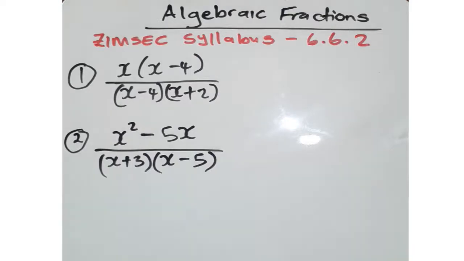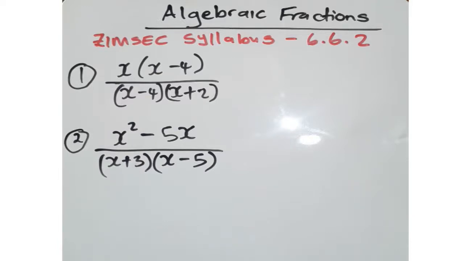So we'll look into greater detail in how we're supposed to calculate algebraic fractions, but in simple terms, the first thing that you're supposed to do is to look for the common factor. Once you find the common factor, that's when you simplify.